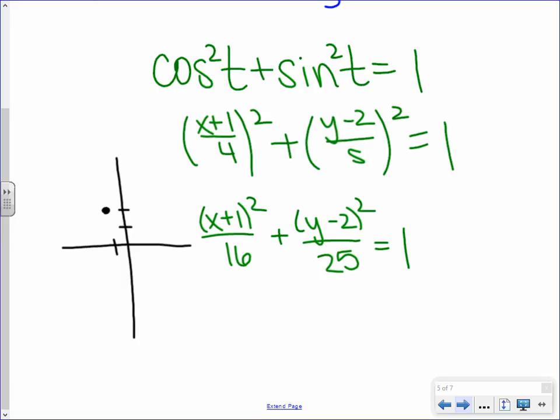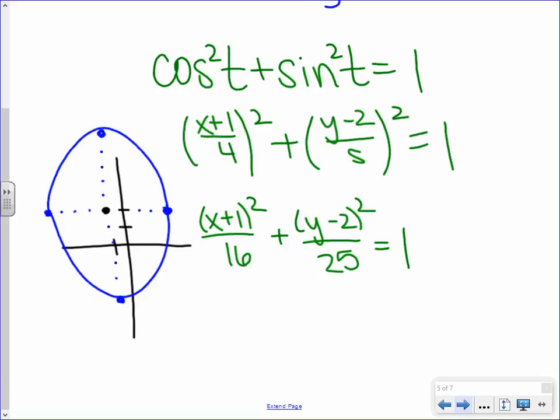Okay, so since the 16 is under the x in the horizontal direction, go 4. And then in the vertical direction, 1, 2, 3, 4, 5. How do we figure out what the orientation is?